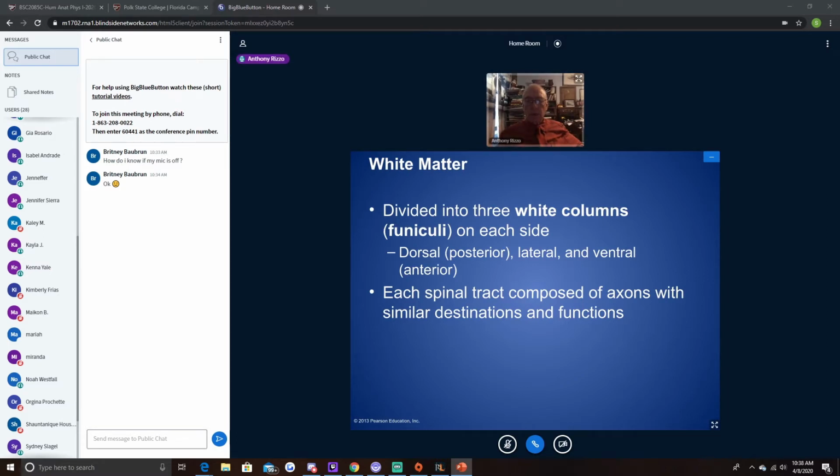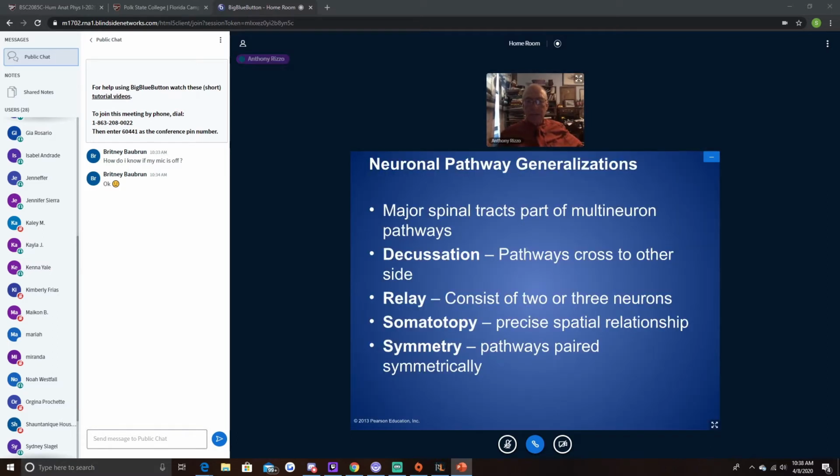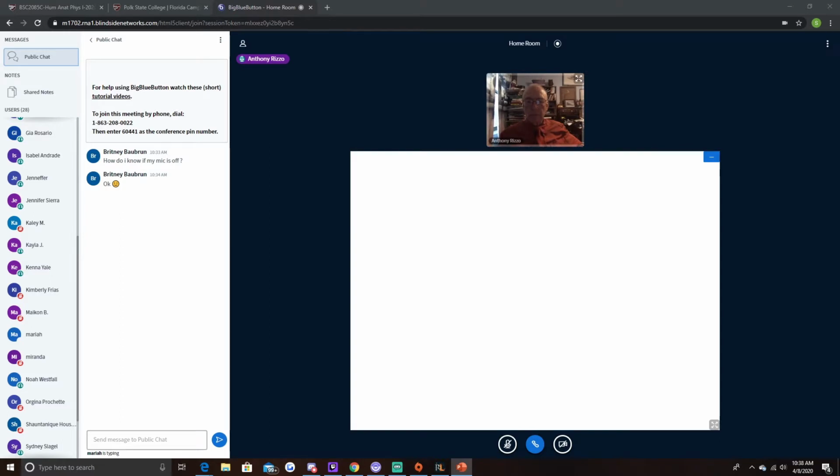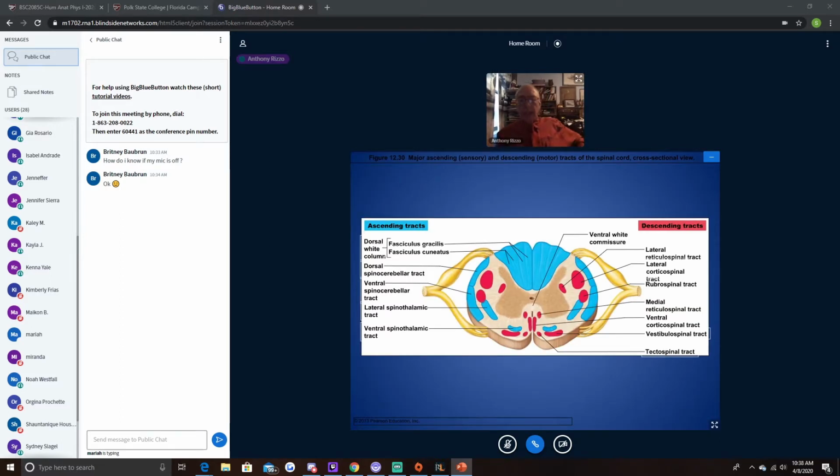What I would like you to see, let me show you here. This is a really clinically relevant and clinically significant slide, because what they've done with the spinal cord in this slide is they've colored ascending tracts, that is, tracts that go from the cord up to the brain. They've colored those blue.